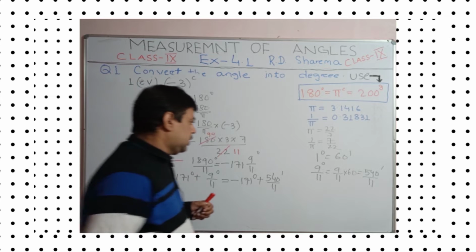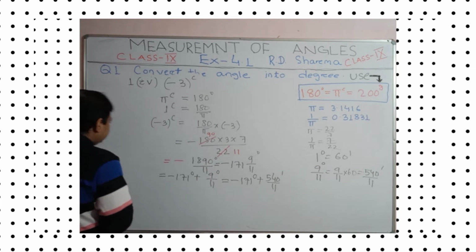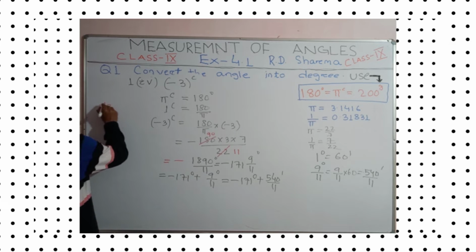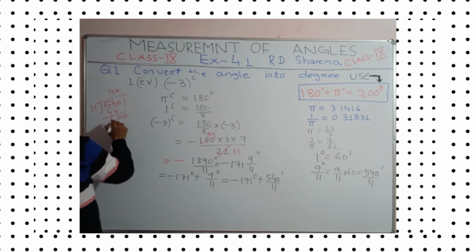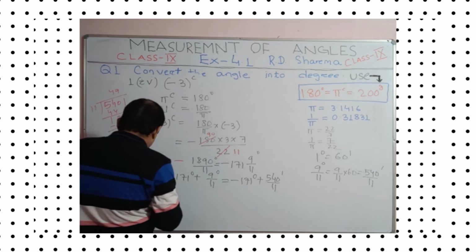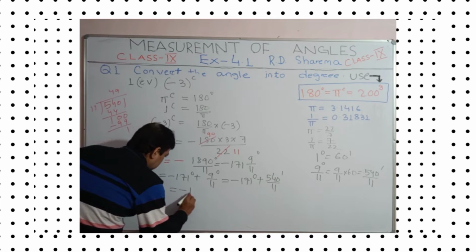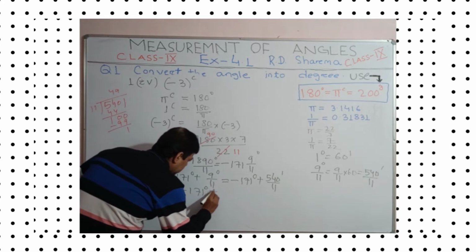And this 540 by 11, we can divide here. 540 by 11. You see now, 11 fours are 44. Yes, 54 minus 44 is 10, 11 nines are 99. Here 1, it means 49 whole.